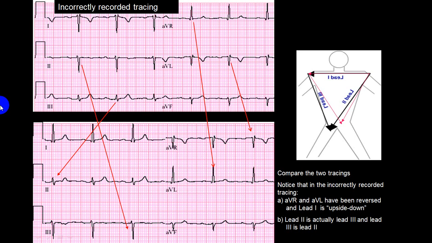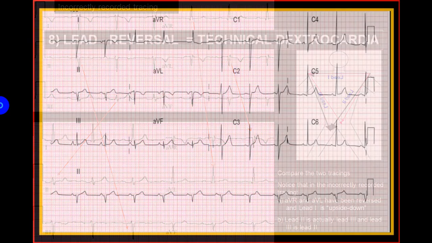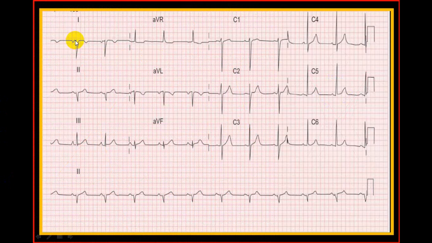But unless you see chest leads, I'll show you in the chest leads now. Now look here, in lead 1 it is negative, AVL it is negative, AVR it is positive. So either it is a lead reversal or dextrocardia. Now here if you see, there is a deep S wave and there is a tall R wave in V5, V6. So this is normal R wave progression. So if there is a normal R wave progression, AVR should be negative, lead 1 should be positive.